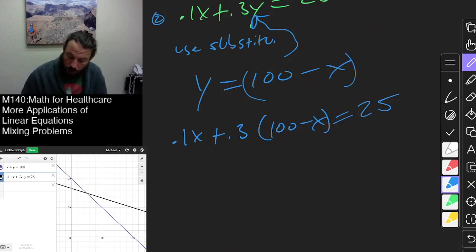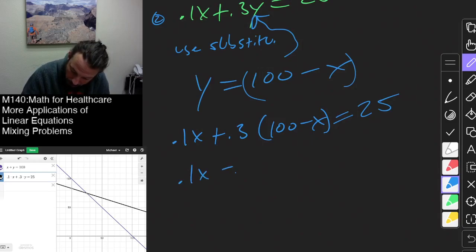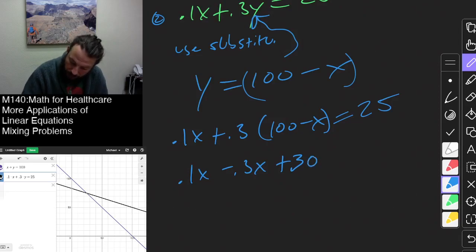Now it's one equation, one variable. 0.3 times 100 is 30, and so we have 0.1x minus 0.3x plus 30, since 0.3 times negative x is negative 0.3x, equals 25.